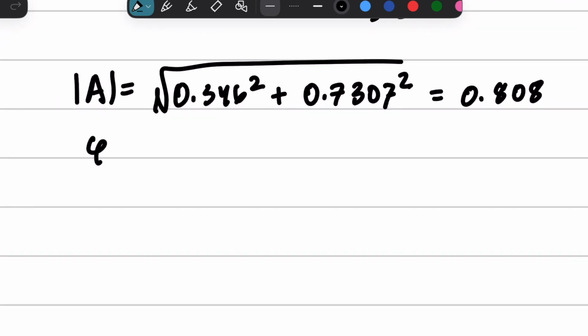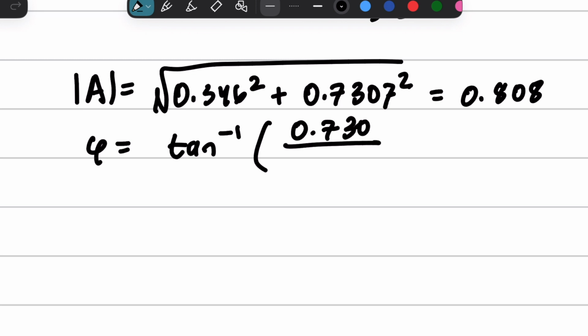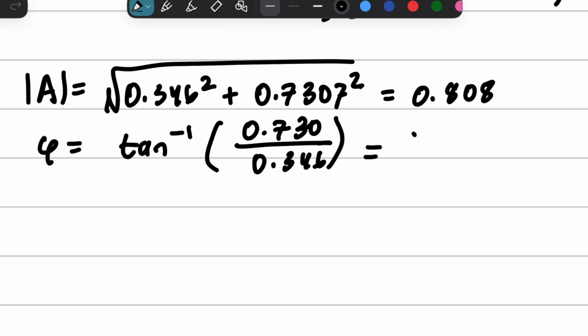And the phi is equal to tan inverse of 0.730 over 0.346, and that is going to equal 64.65 degrees, okay?